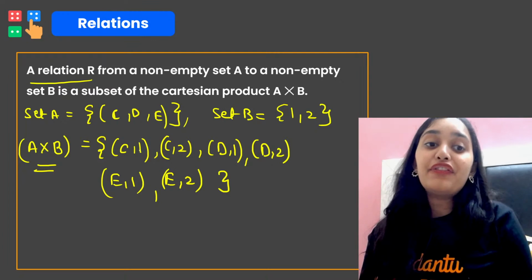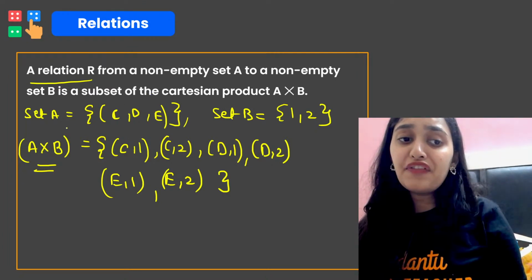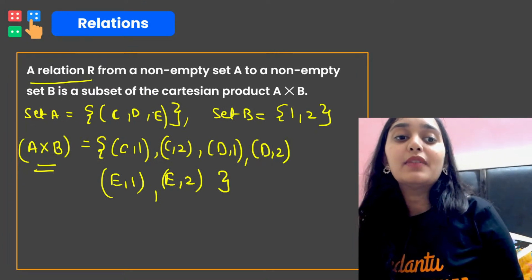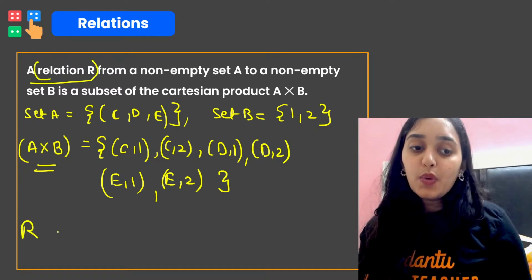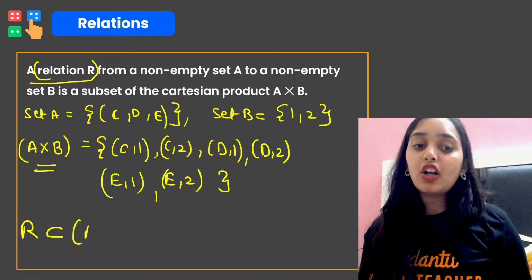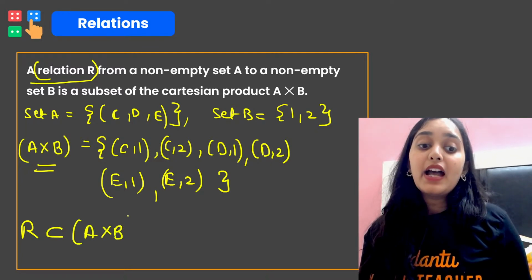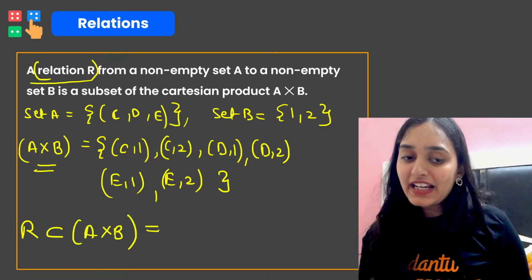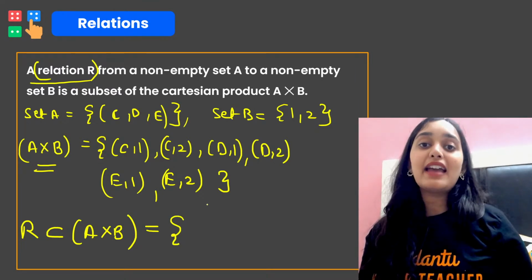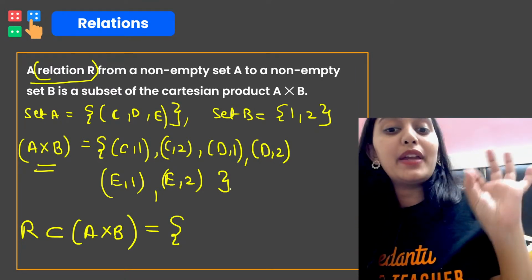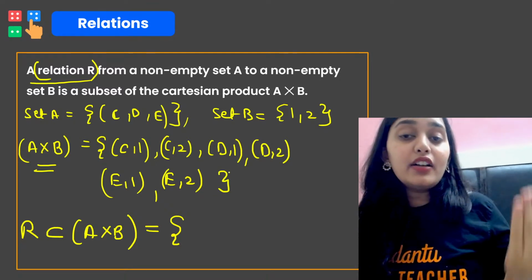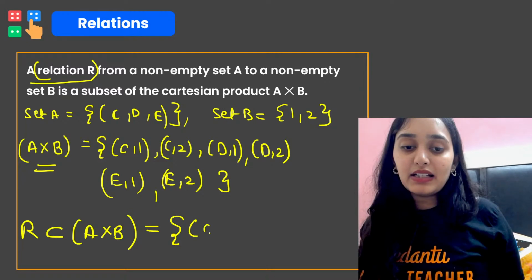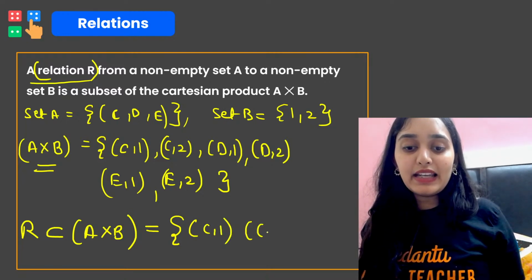Now, if I define a relation R, which is a subset of the cross product A cross B. Now subset means I can define the relation R as only ordered pairs having c as the first element. So which ordered pairs have c as the first element? (c, 1) and (c, 2).